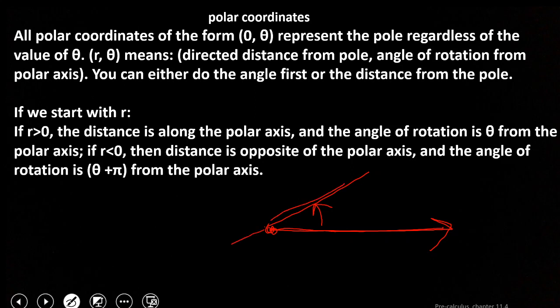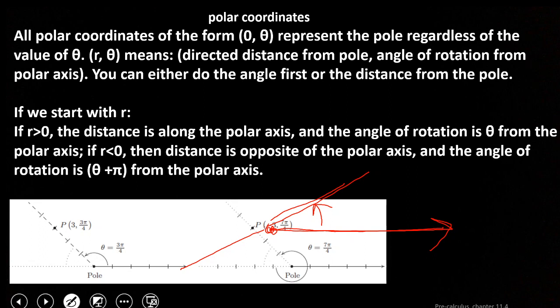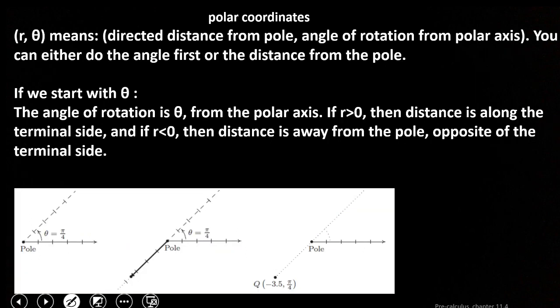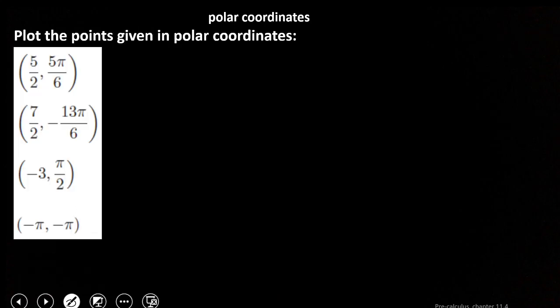If r is negative, you go the other way. All right? So this is the way we do it if you start with theta. If you start with r, you have to add pi to theta, so don't worry about that. Just start with theta when you want to graph polar graphs.